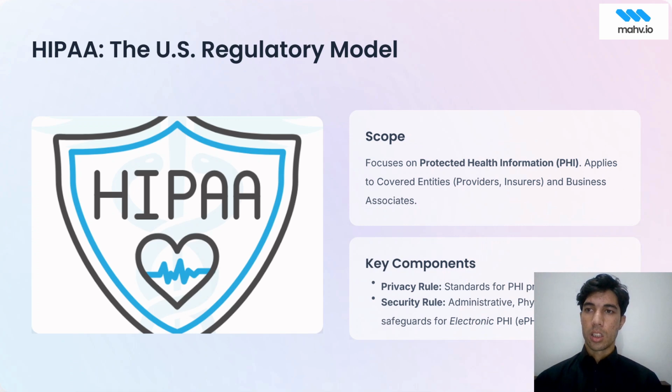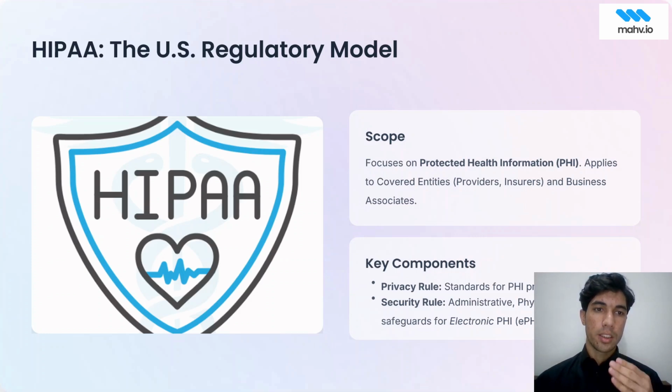Okay. Then we move to HIPAA. HIPAA is basically the US regulatory model. It is a landmark US law that mainly focuses on protected health information and applies to covered entities.